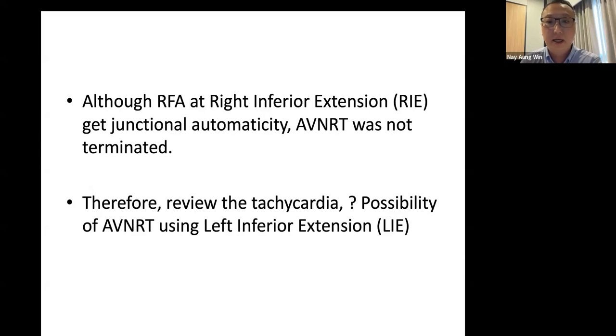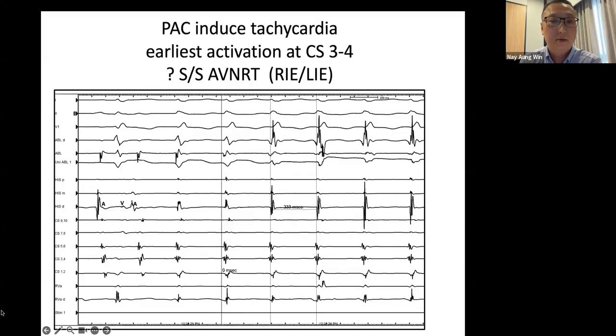Therefore, we reviewed the tachycardia for the possibility of AVNRT using the left inferior extension. So this is sinus rhythm, and this is PAC, and the jump, and the tachycardia starts. And earliest activation was at the CS 3 and 4.